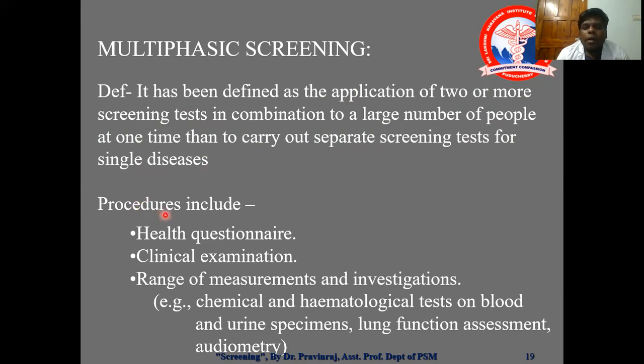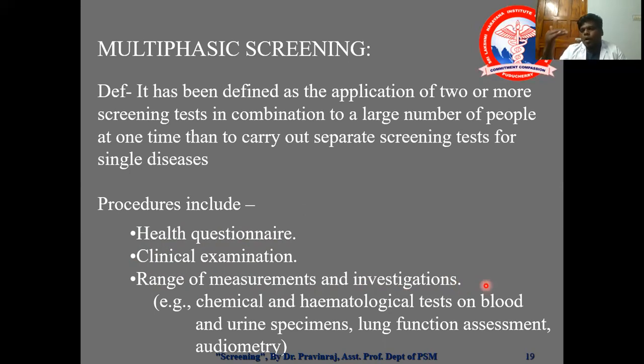For example, if we want to screen for disease A, first we will have a health questionnaire, then we will do a clinical examination. By the health questionnaire, we will arrive at a diagnosis. The clinical examination also we do, and we come up with a diagnosis. Then we do measurements, then we go for investigations.